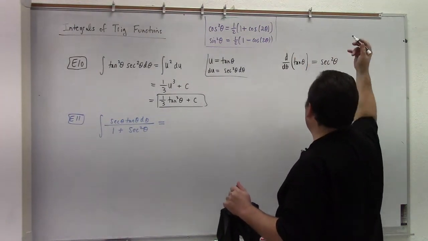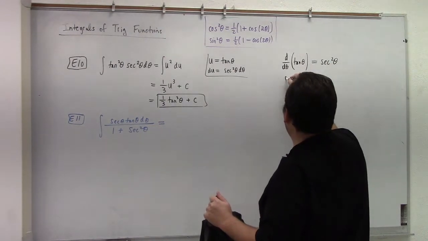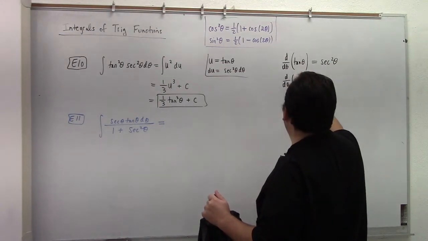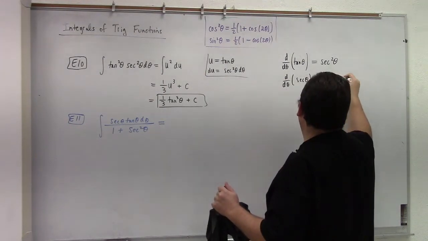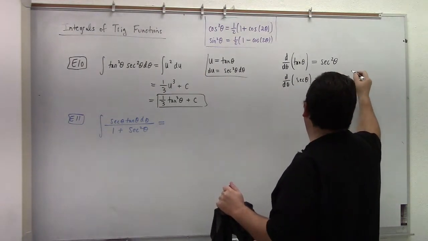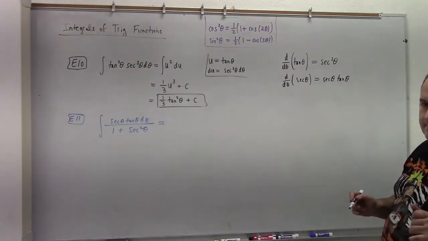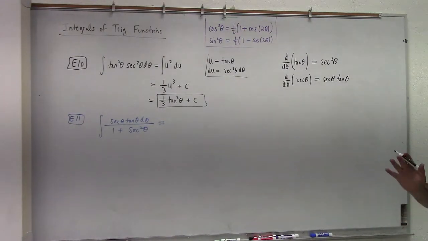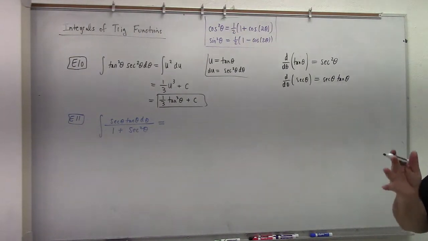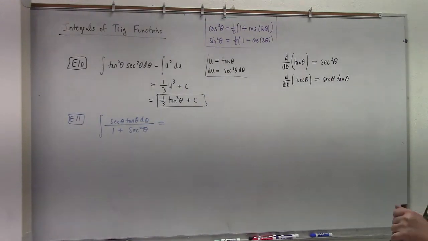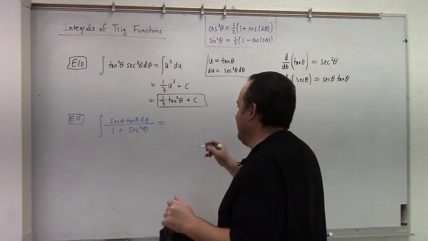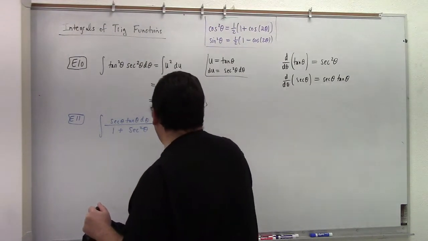The other is that the derivative with respect to theta of secant theta is secant theta tangent theta. Those are two important facts we should have on tap to use, so to speak.